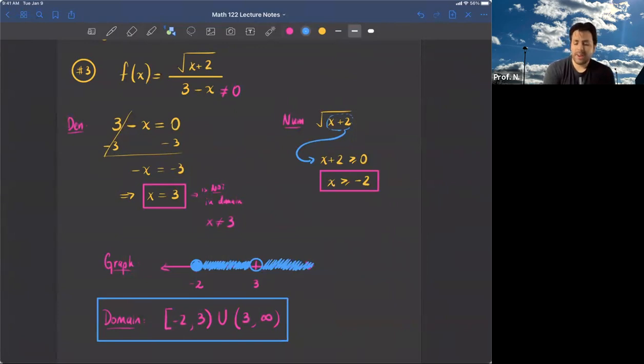So are we clear with this? Number 3, we're good with this? Yes. Okay, good. Are there any other questions on this section in terms of finding the domain? If not, then we can move on to something else.